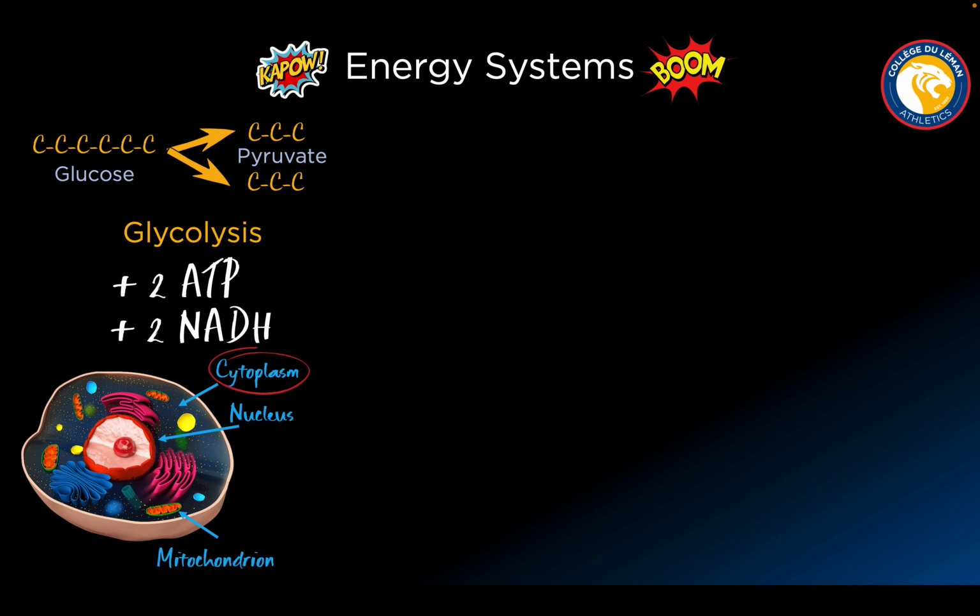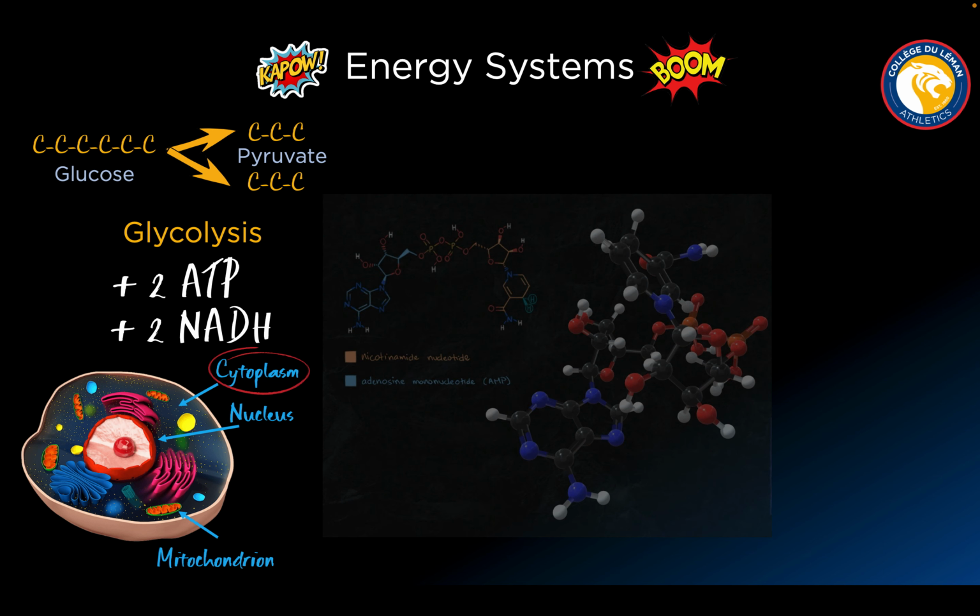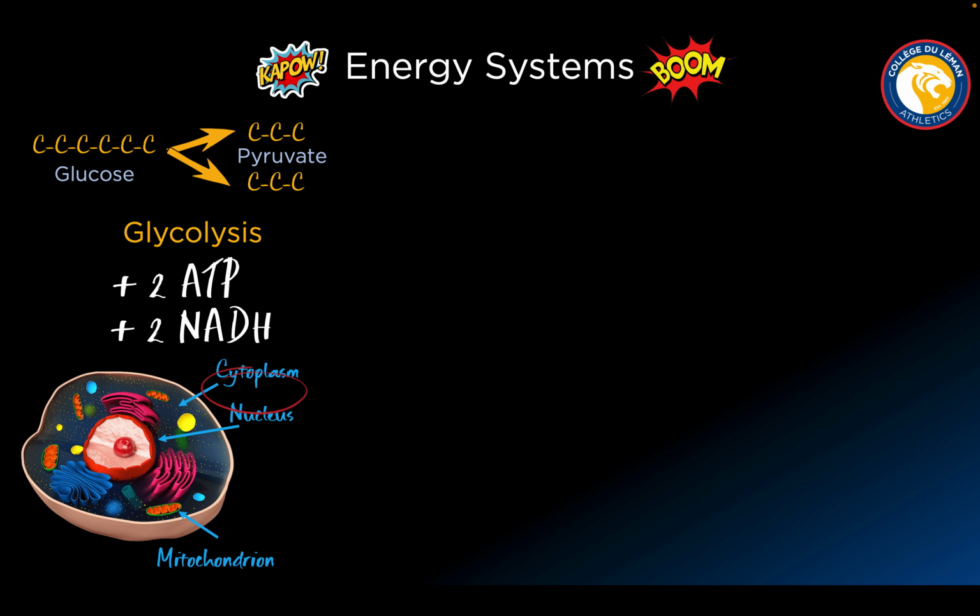Cytoplasm was the glycolysis. We also got 2 NADHs. You don't need to know much about NADHs, but essentially you just need to know it's an electron carrier. You probably won't even need to give it that name. You need to know that it's a thing. NADH. If you want to give it some silly acronym for what NADH stands for, all the better to remember it. You know I love that stuff.